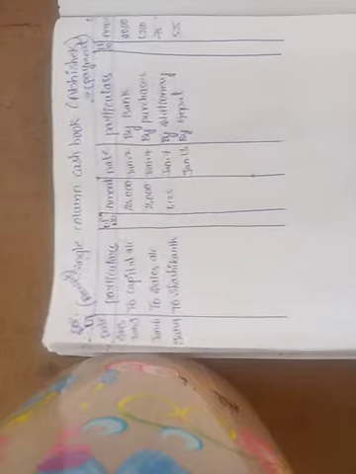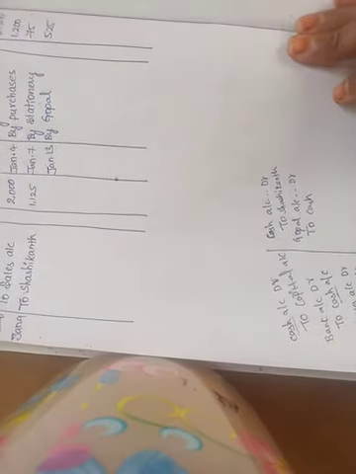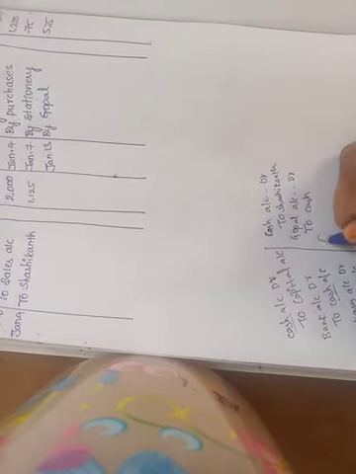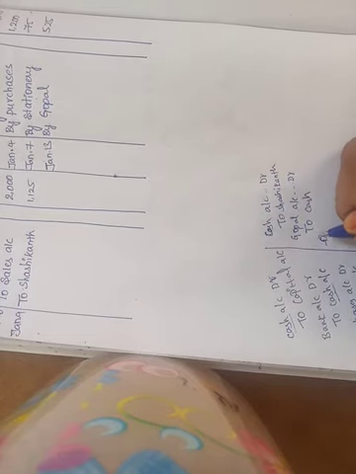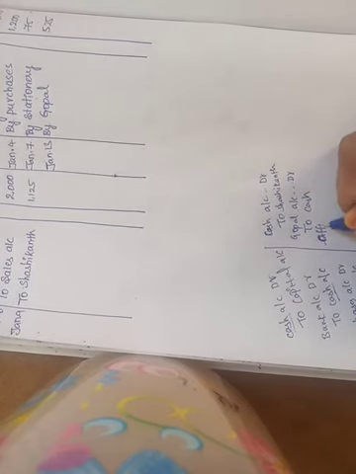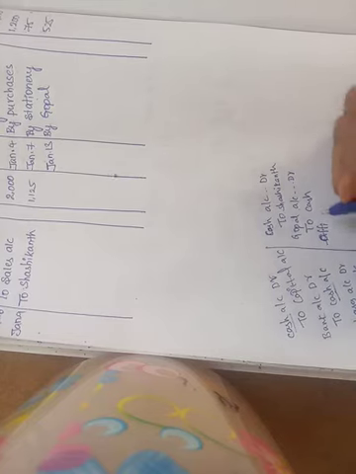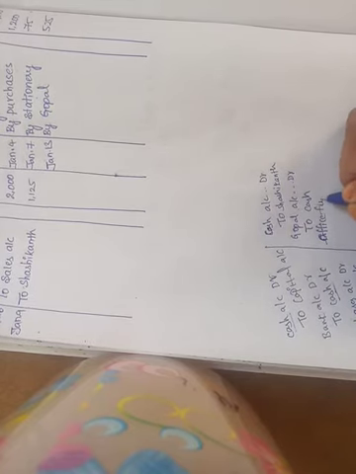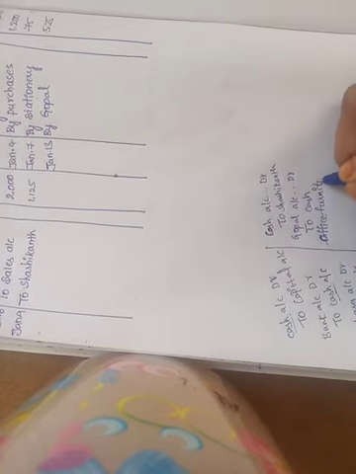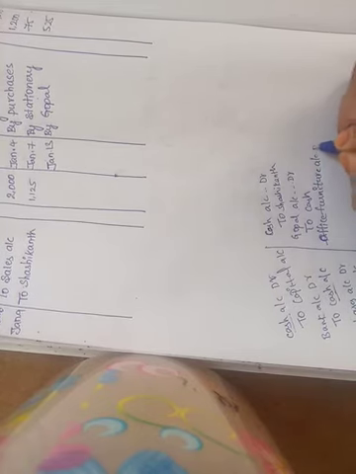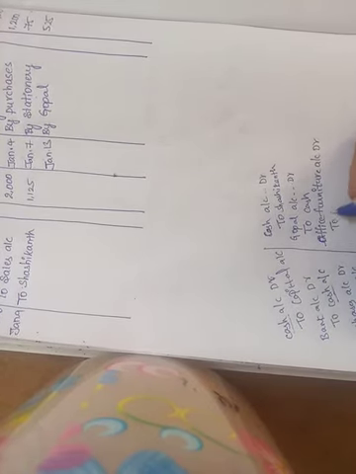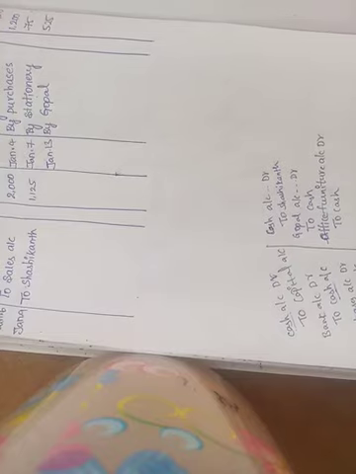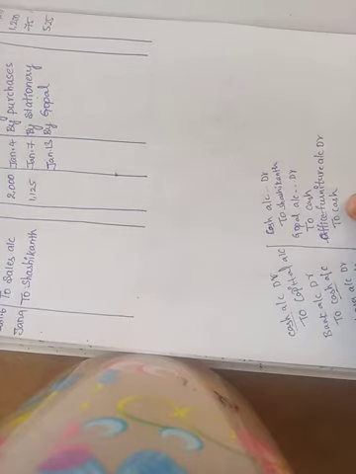Next, purchased office furniture. What is the entry? Office furniture account debit to cash account. So which side is getting cash account?